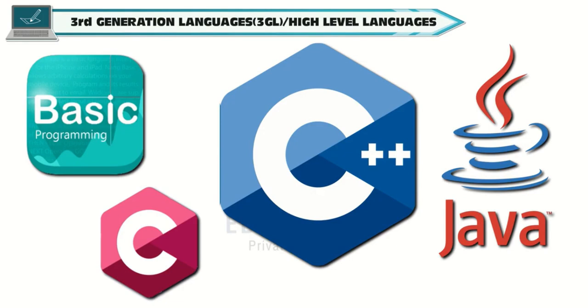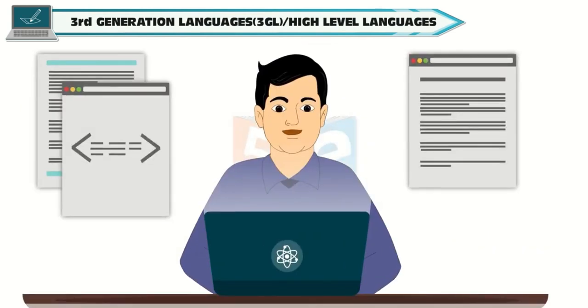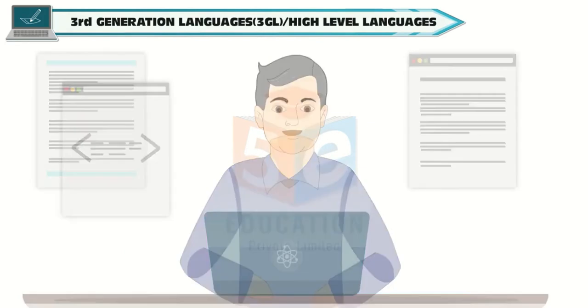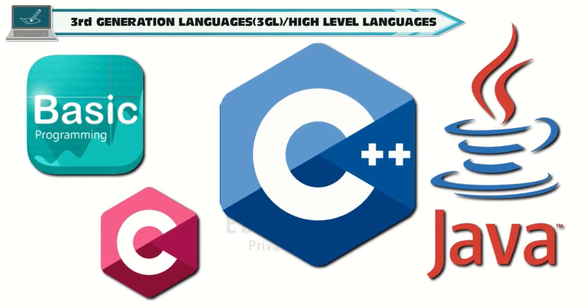Third generation languages give much more freedom to write code and do not restrict programming to predefined words. Programmers can use their own variables, making it easier to understand than assembly language. BASIC, C, C++, and Java are popular examples of high-level languages.